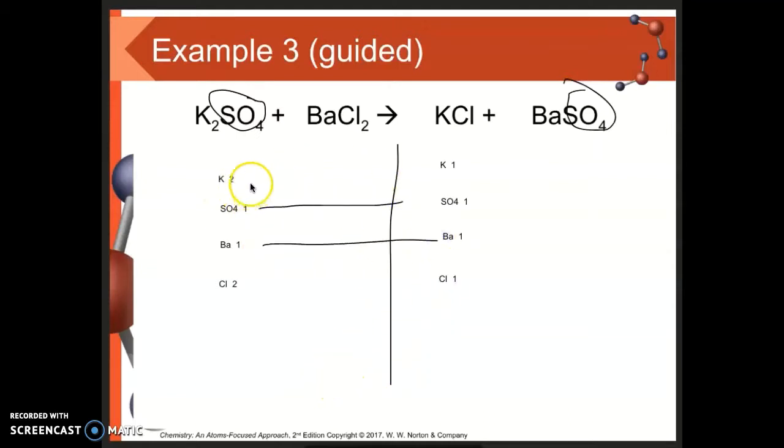The only things that are out of balance are the potassiums and the chlorines, which happen to be in the same molecule on the product side. And so they're off by the same amount, which means they can be reset by the same amount. And that amount here is just a 2. 2 KCl's makes 2 Ks and 2 Cl's. And now those are all balanced as well. I've got a balanced chemical equation.